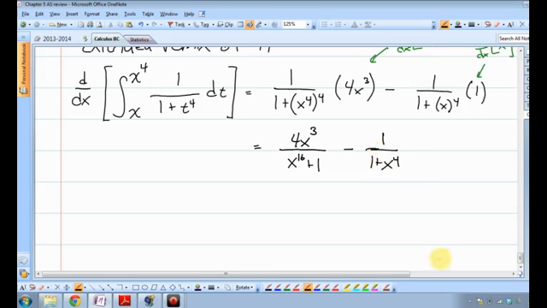You would probably have to combine those together. But that's not really what we're worried about here. I'm going to worry about the calculus for this question and not the algebra. Okay. Questions on how to do that?